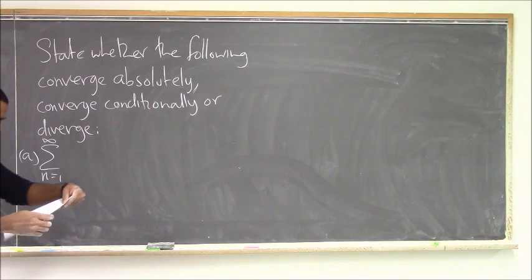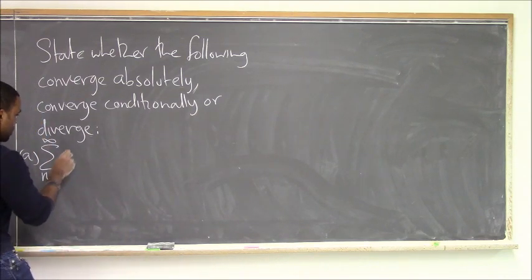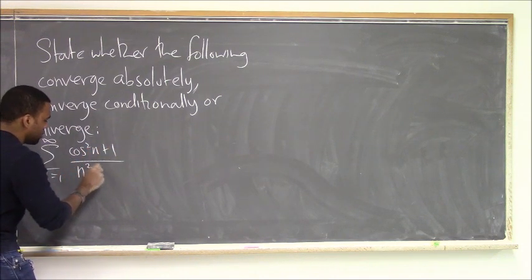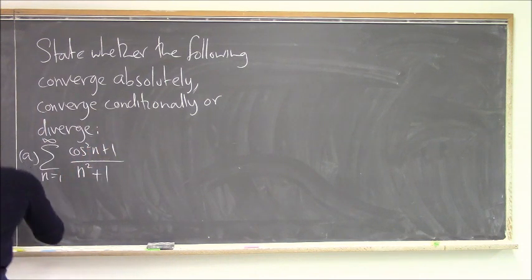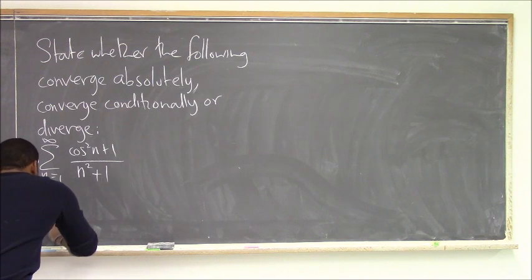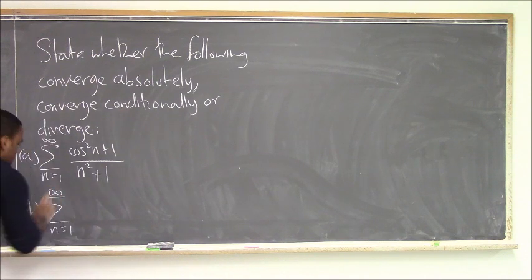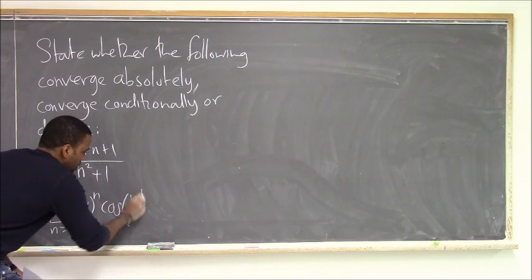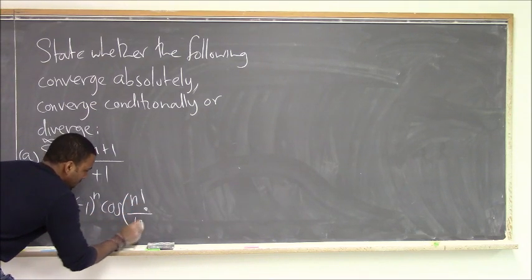So this goes from 1 to infinity of cosine squared n plus 1 over n squared plus 1. The next one was n goes from 1 to infinity of minus 1 to the n cosine n factorial over n to the n.